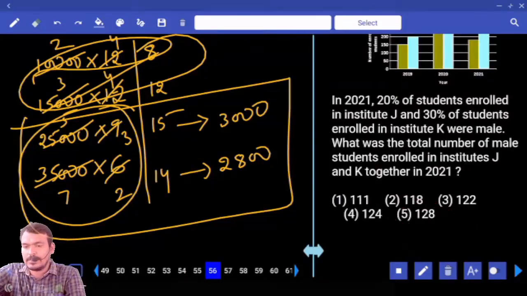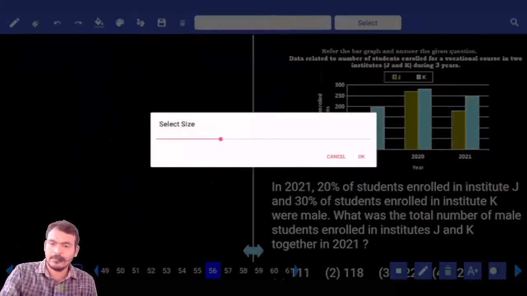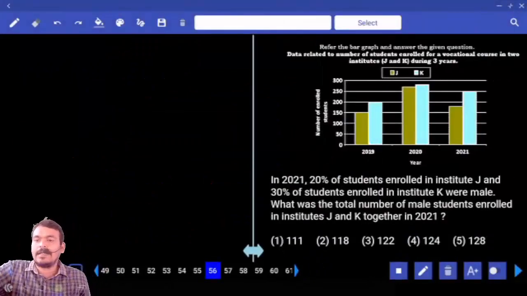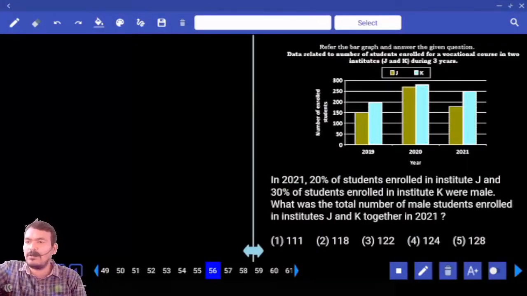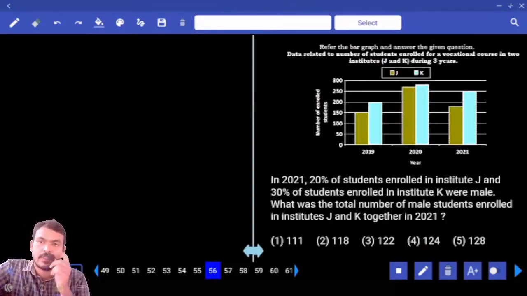Next, 56. Data related to the number of students enrolled for a vocational course in 2 institutions J and K during how many years? 3 years or not? Okay, first in 2019 what is the J value? 150. 2019 K value? 200.